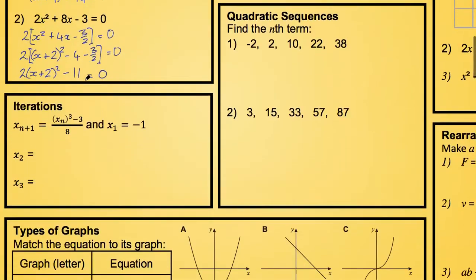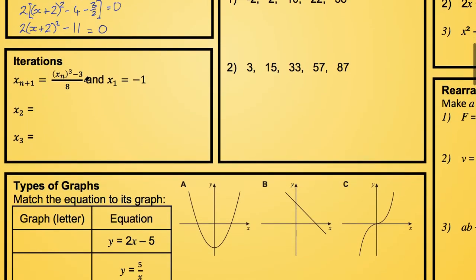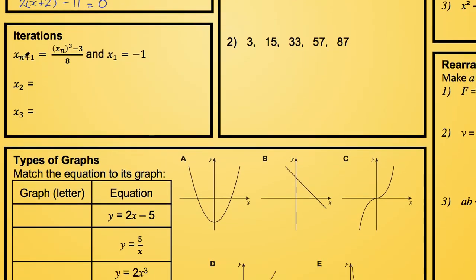Okay, iterations. This iterative formula tells me that each subsequent x is the previous version of x cubed minus 3 and then divided by 8. So if I'm told that my first value is minus 1, my second one is going to be that first value cubed minus 3 all over 8. So that gives me minus 1 cubed minus 3 over 8 is minus 0.5.